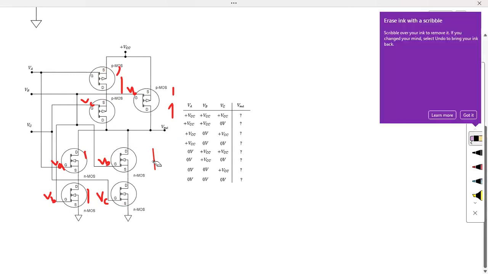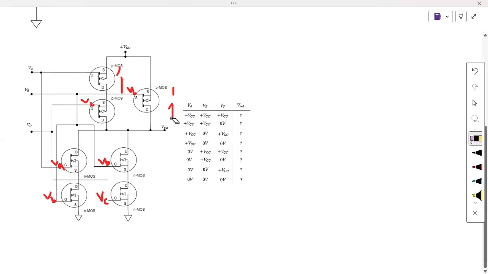So the key to this is just seeing all the different paths current could flow through and saying, does that go to ground, or is there a connection to VCC? So I noticed that these two are VB, and VA and VC are also connected. So if there is a path, it's going to be either one of these two ways that it can go to ground. One of the combinations is VB and VC, that will ground V out, or VB and VA.